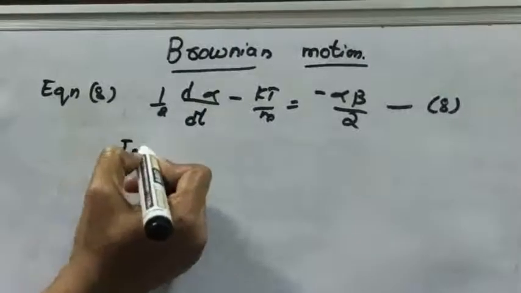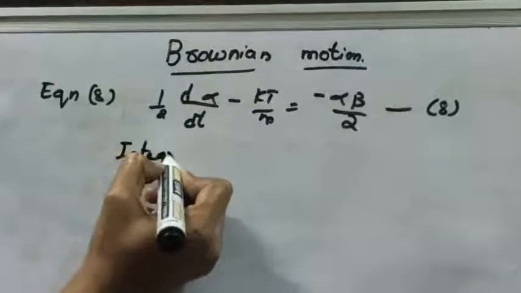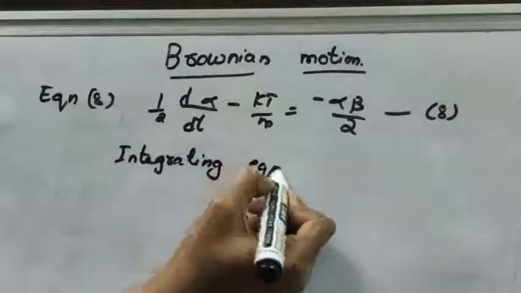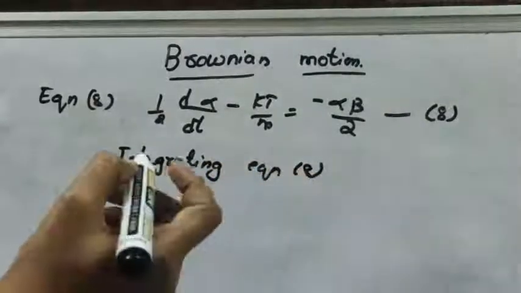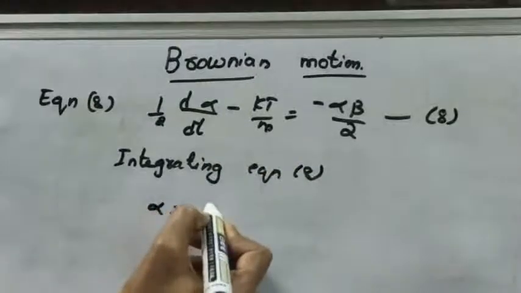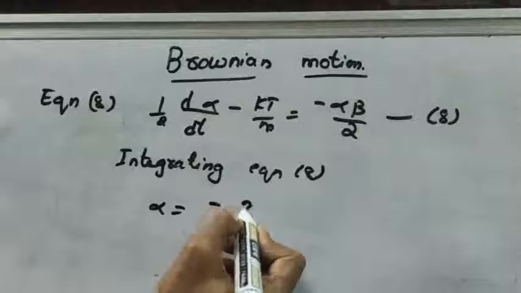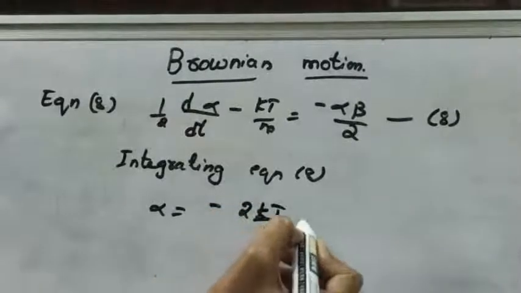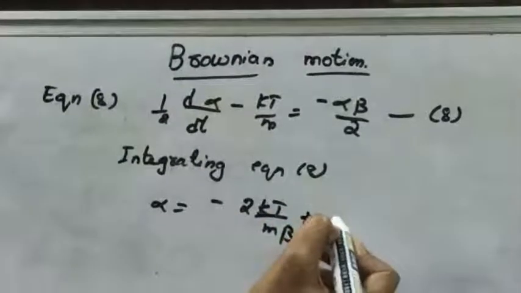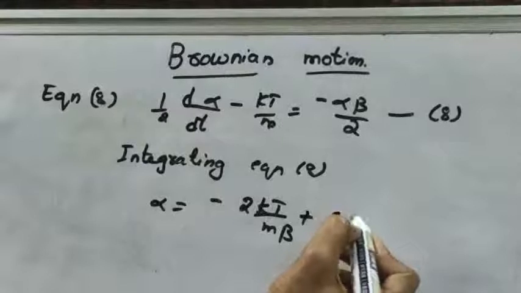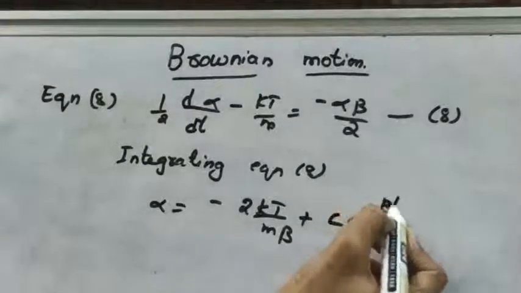Integrating equation 8, here you will get alpha is equal to minus 2kt by m beta plus, we are considering a constant term, c e power minus beta t.